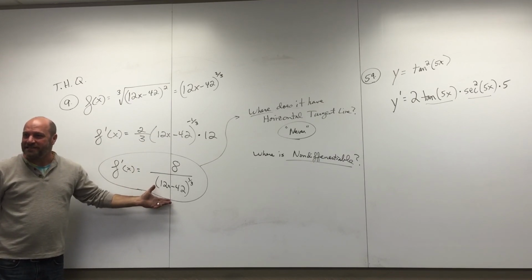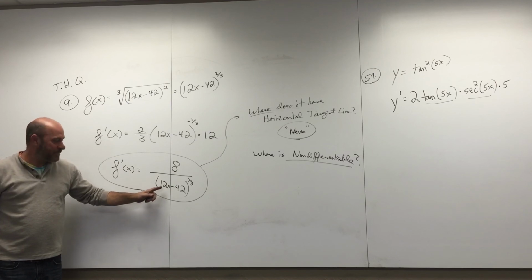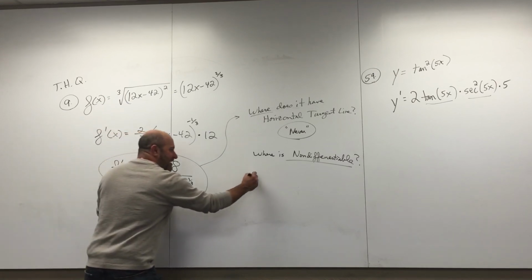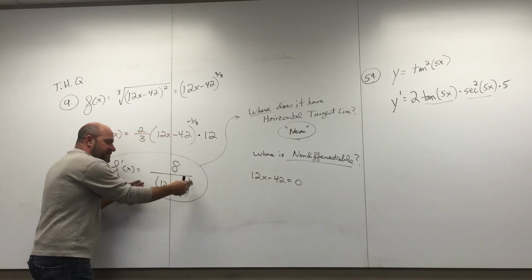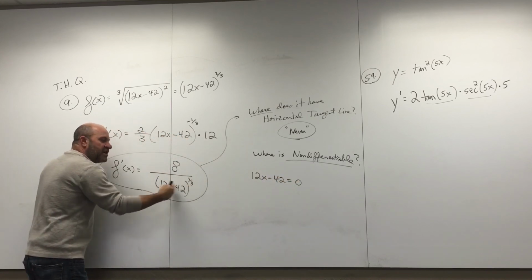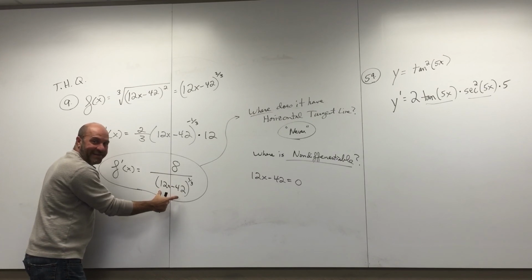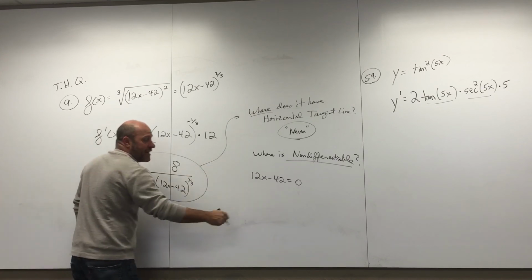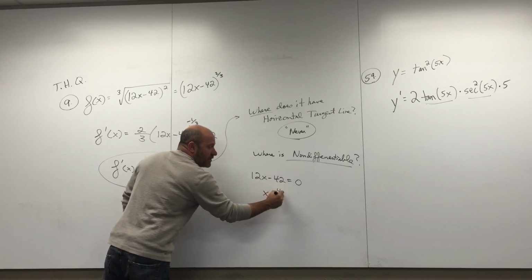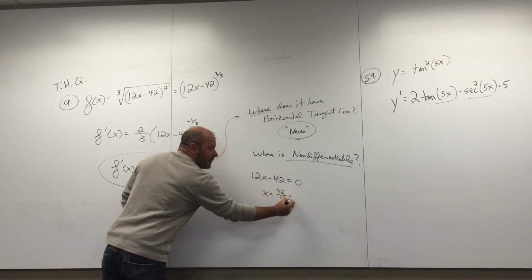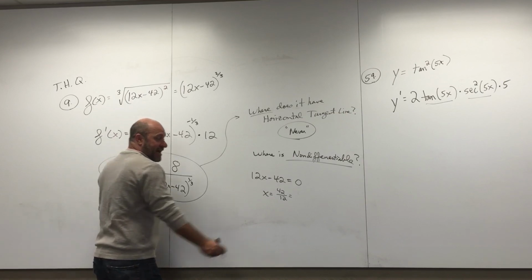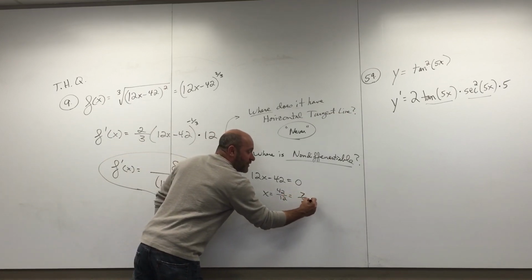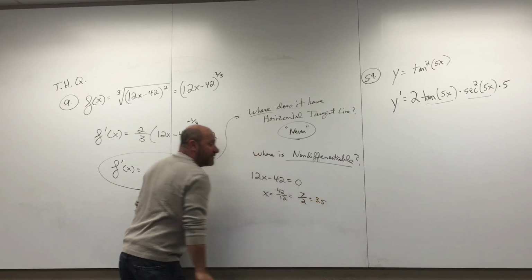And that's pretty darn easy. By the way, I just ignored the cube root. It's going to equal 0 when that quantity is 0. Move the 42 over, divide by 12. X is 42 twelfths, or 3.5. Or 7 halves. Okay, cool. That's it.